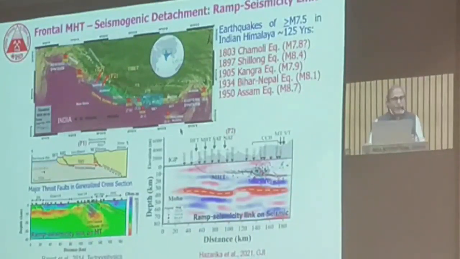But if you look at the subsurface image, the MHT plays a very important role in earthquakes. Looking at one profile in the Garhwal and another in the Kumaon Himalayan region, we can see that the ramp structure of the MHT and associated fluid in the subsurface play a very crucial role in the seismogenesis of the earthquakes.